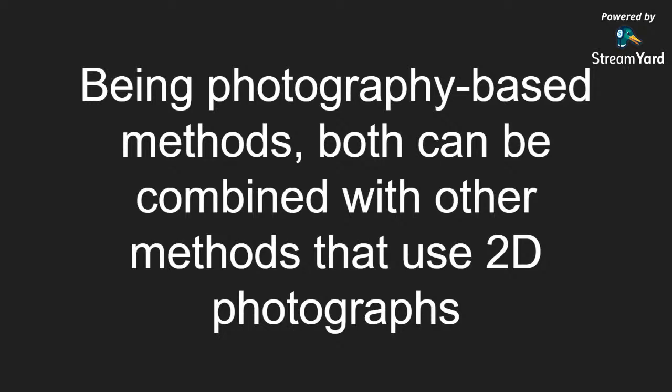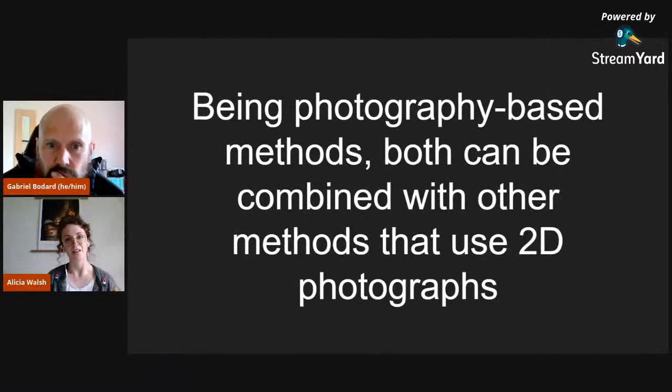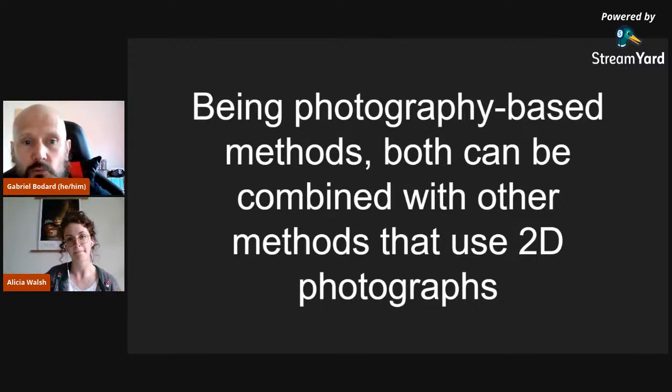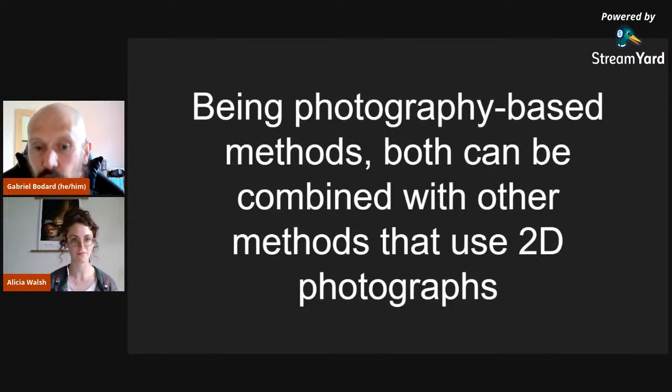So maybe, Gabby, you have a little bit more to add to that. Yeah, as far as I know, this is still speculative and experimental, but you could, for example, do photogrammetry, where instead of texturing your 3D model with the simple 2D photographs you've taken, you could texture them with the multispectral imaged photographs.